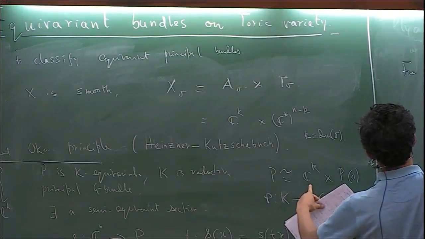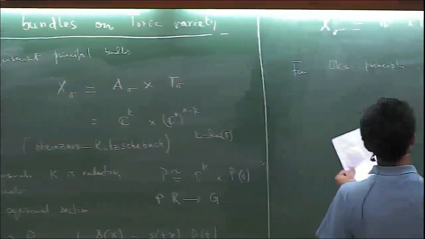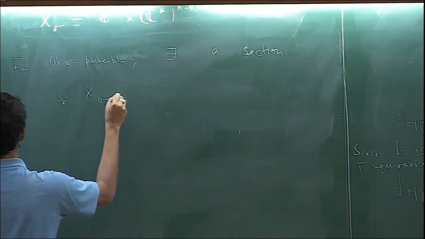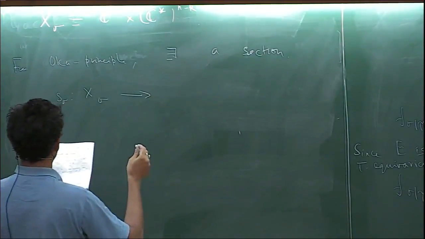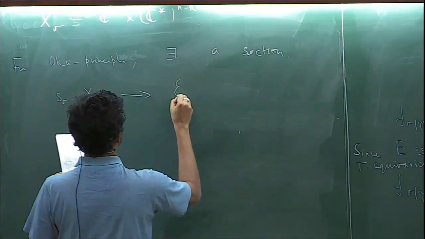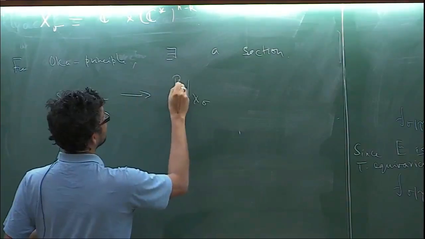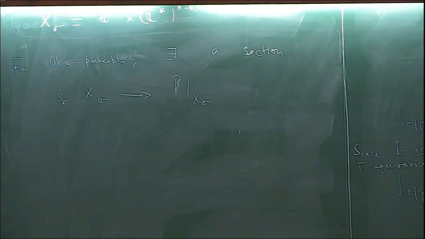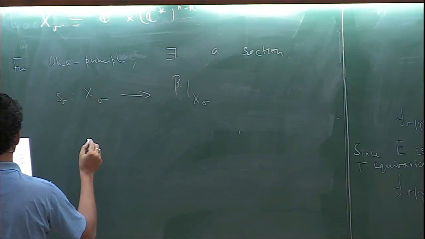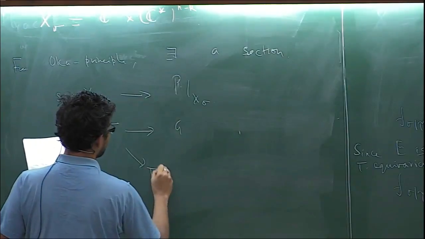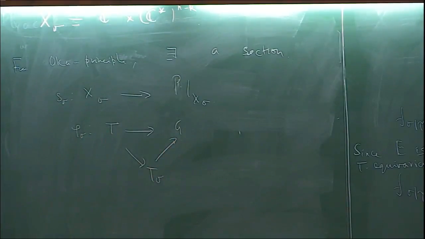You extend from C^k to C^k cross C star to the n minus K. There exists a section S sigma from X sigma to P restricted to X sigma, and rho sigma, which is a map from T to G that factors through T sigma, because the homomorphism you are constructing on the whole T, by taking T mod T sigma, the action to be trivial.